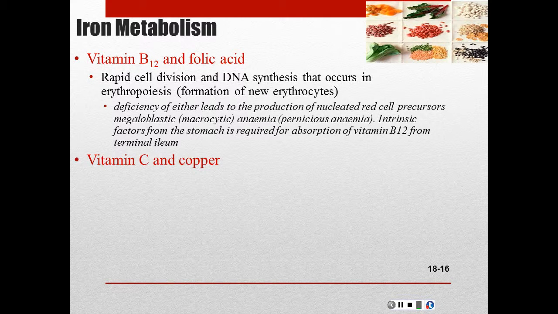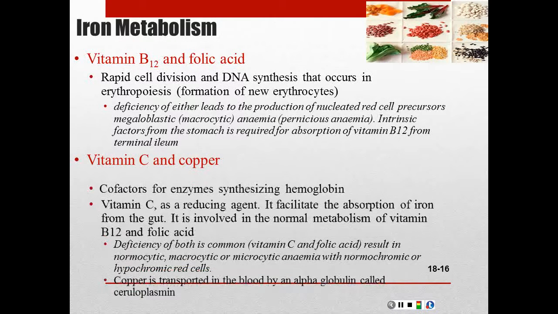A deficiency will lead to the production of nucleated red cell precursors.